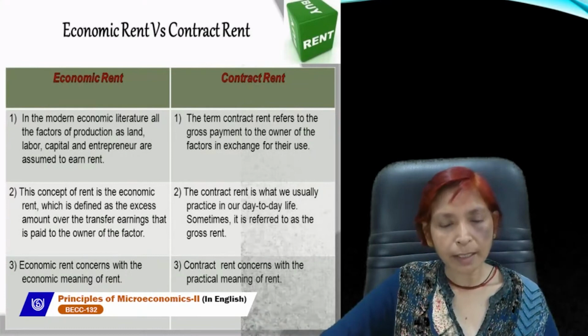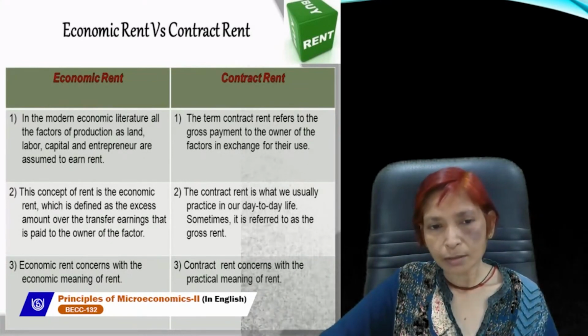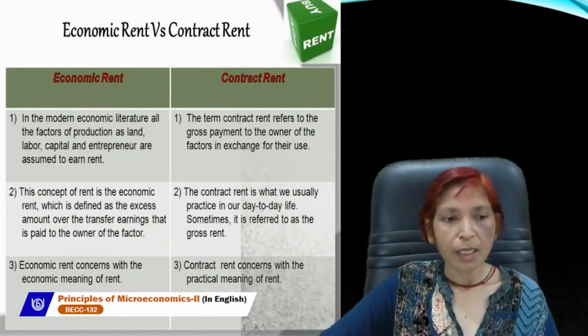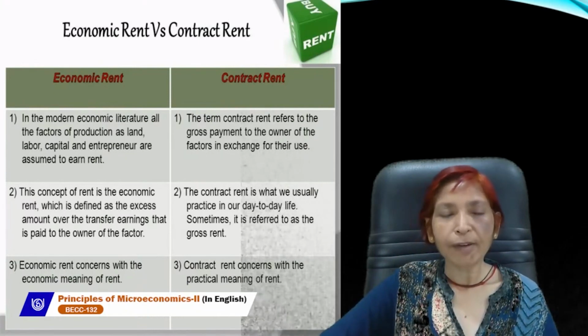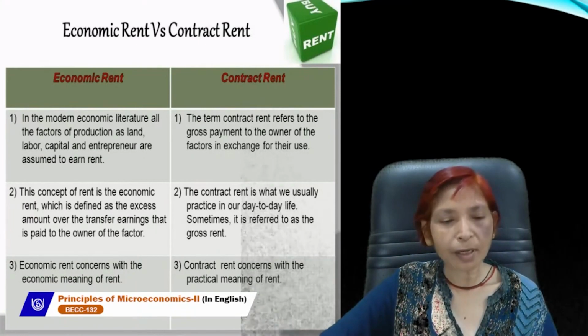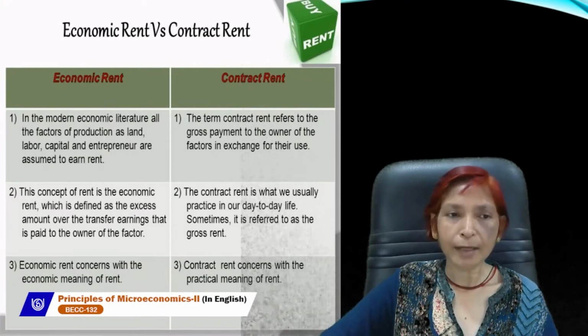But contract rent refers to the gross payment to the owner of the factors in exchange for their use. The concept of economic rent is defined as the excess amount over the transfer earning that is paid to the owner of the factor.